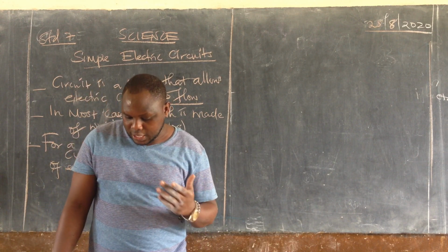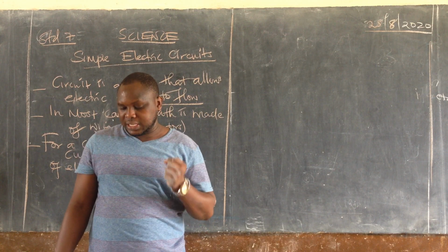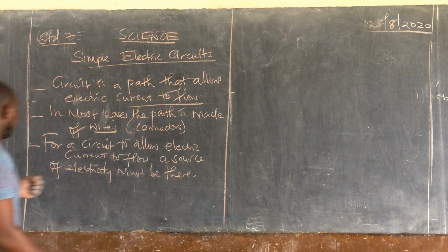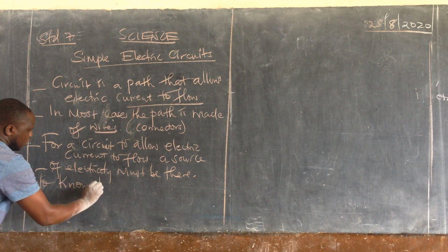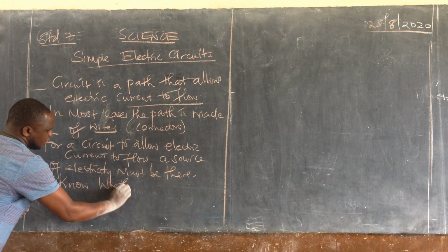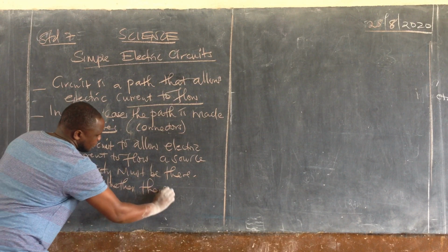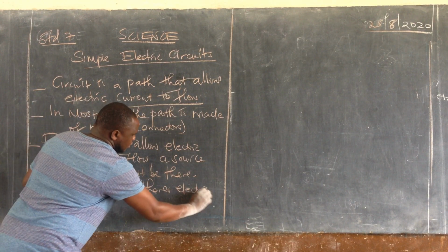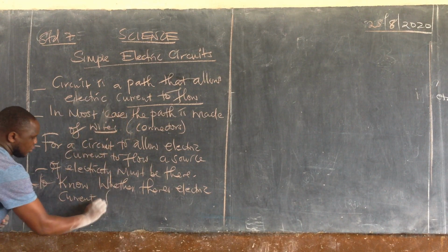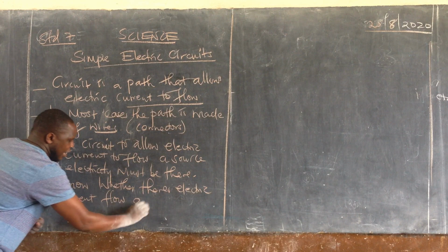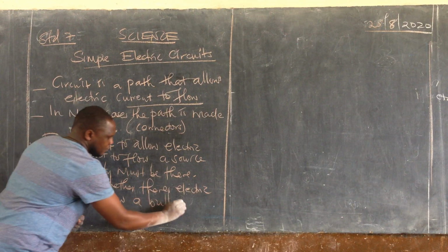In most circuits, a torch bulb is used to show that there is electric current flow. So for us to know whether there is electric current flow, a bulb is used.